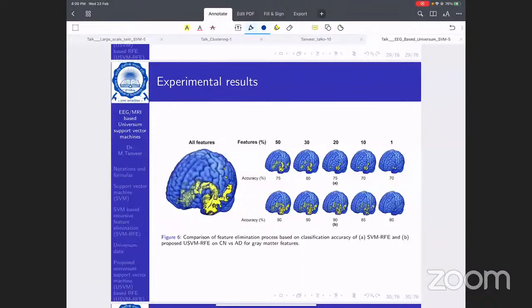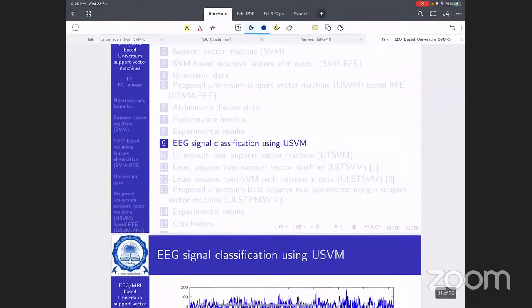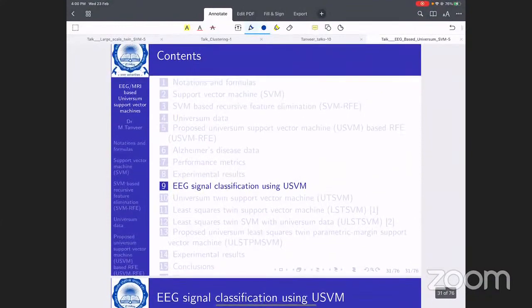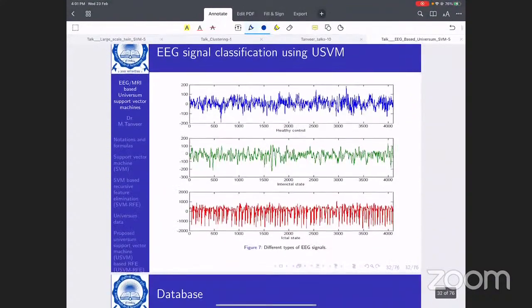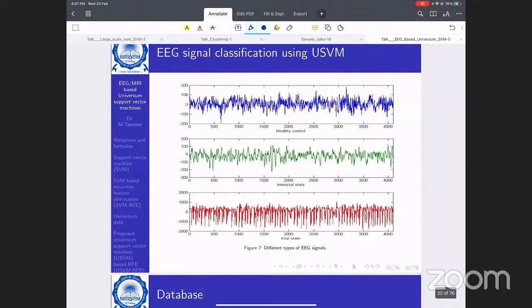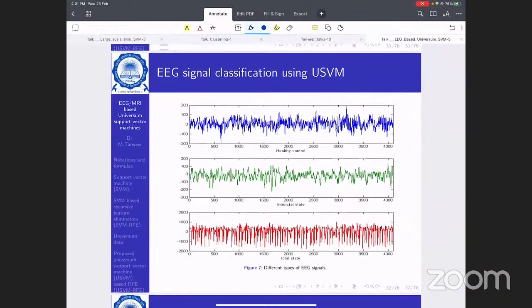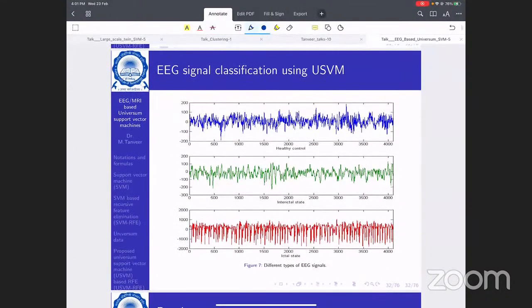What we observe for the proposed case is that if we have more features, we are able to get better accuracy. More information, more advantages.